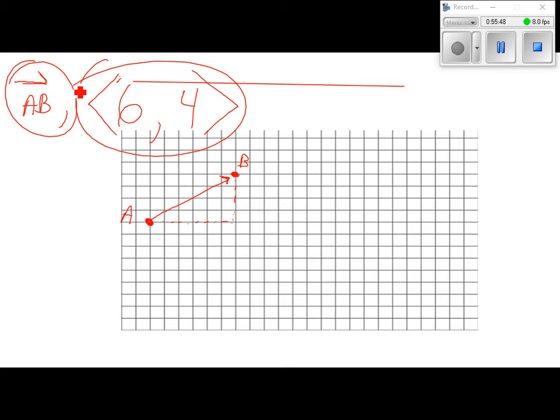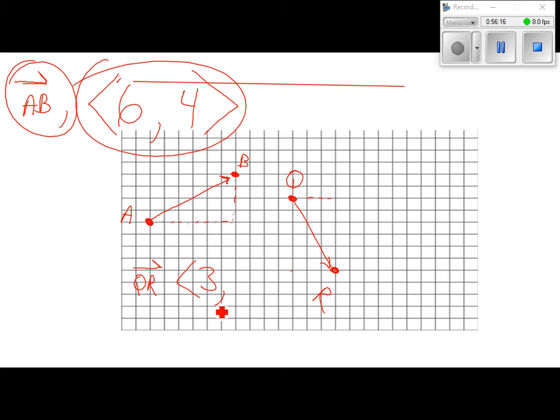So if I had a vector that did this, Q R. Tell me how to name that vector. QR. Now give me the components. I went from here over to there.